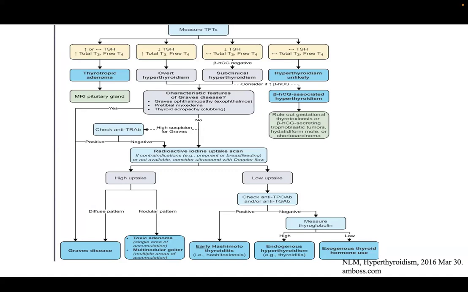If the TSH and T3, T4 levels are normal, we can suspect rare causes of hyperthyroidism, which could be beta HCG associated hyperthyroidism, seen in cases of trophoblastic neoplasia, hydatidiform mole, or even in gestational thyrotoxicosis.